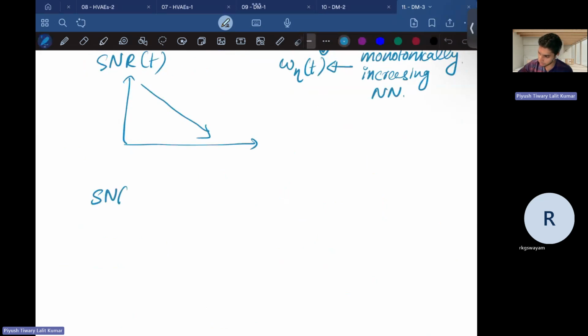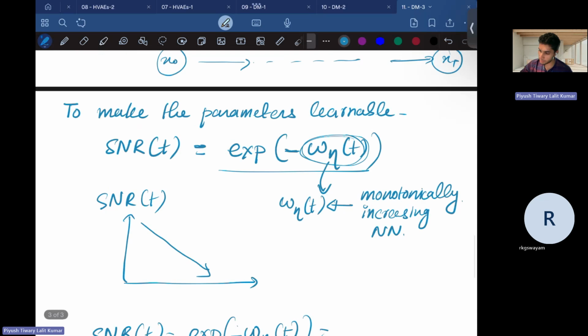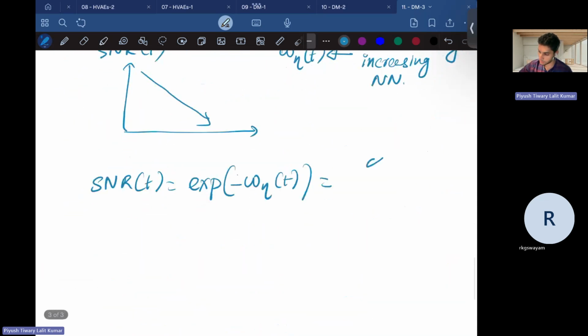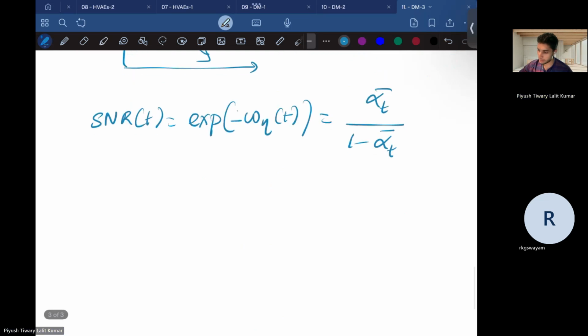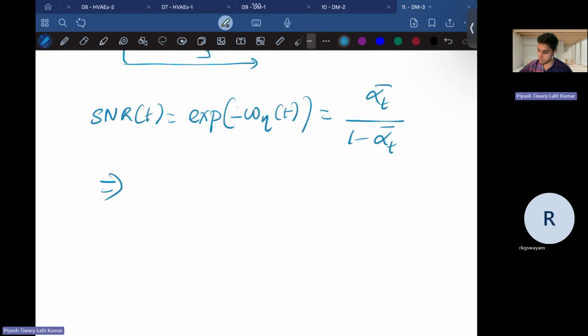You are modeling SNR of t as exponential of minus omega eta of t, but you also know that this is equal to alpha t bar over 1 minus alpha t bar. From here you can calculate the value of alpha t bar.